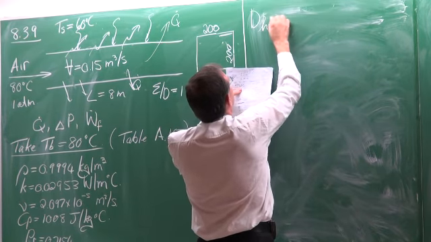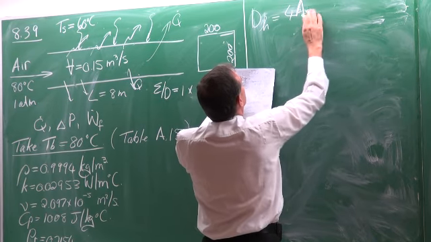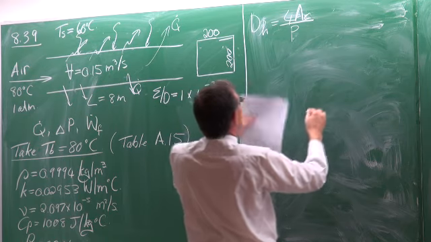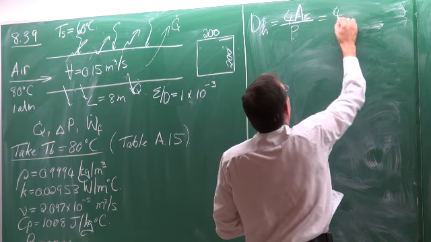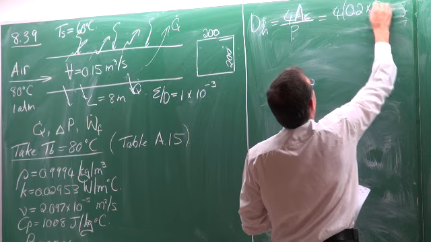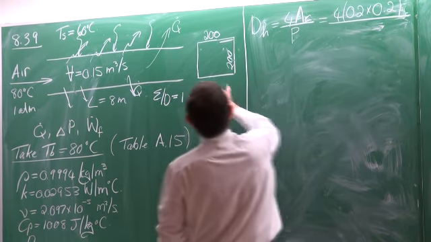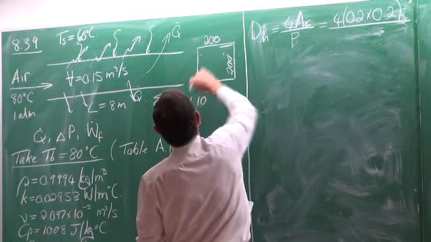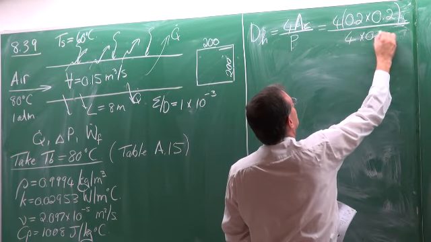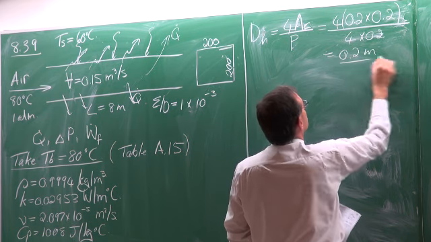So the hydraulic diameter is 4 times the cross-sectional area divided by the wetted perimeter. 4 times the cross-sectional area, in this case, is equal to 0.2 multiplied by 0.2, divided by the wetted perimeter, which is 0.2 plus 0.2 plus 0.2 plus 0.2, so it is 4 times 0.2, and the result of that is 0.2 meters.